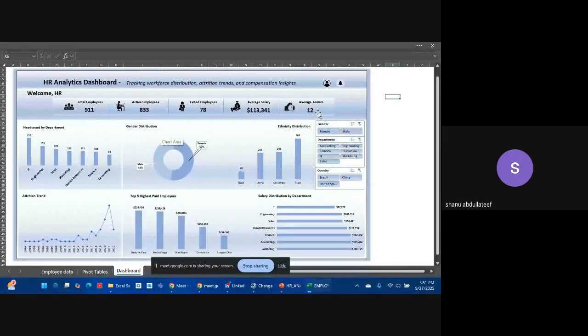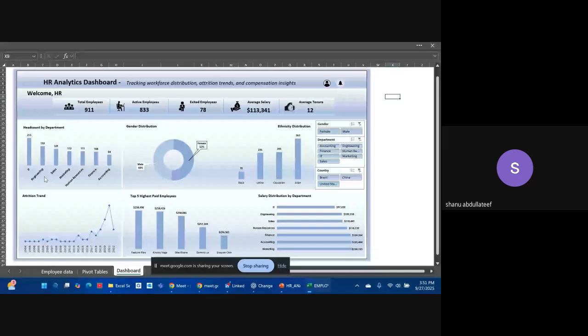If we are looking at each of these key measures that were analyzed, we are looking at the distribution of employees across the departments. We find out that we have the largest number in the ICT department, which is around 215 employees, followed by the engineering department, which has a total of 152 personnel.